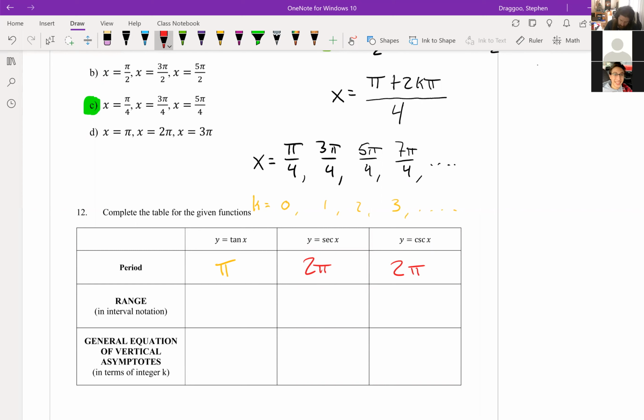The range for tangent is all real numbers, while for secant and cosecant, it's everything except the open interval -1 to 1. Keep in mind that we should be using brackets on -1 and 1, because 1 and -1 are included in the range of secant and cosecant.